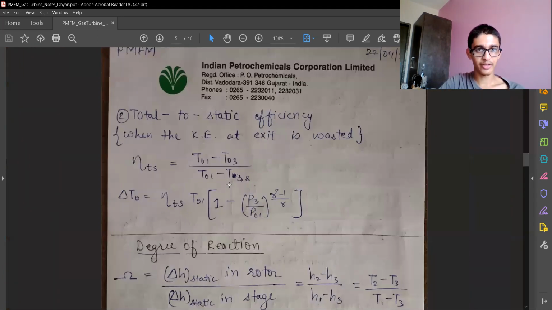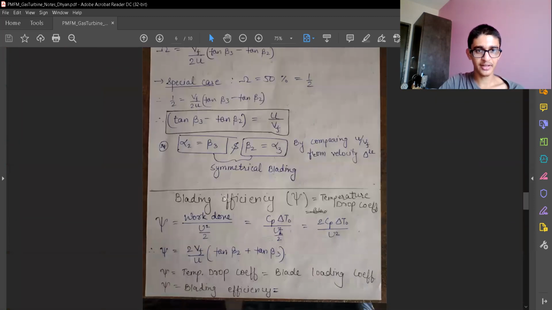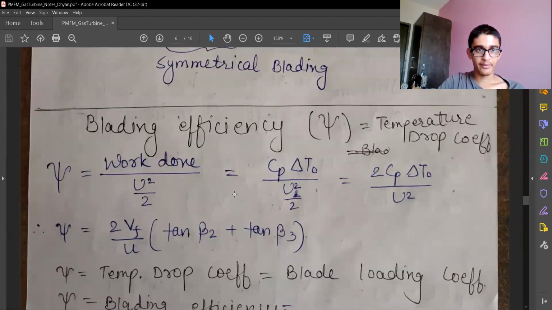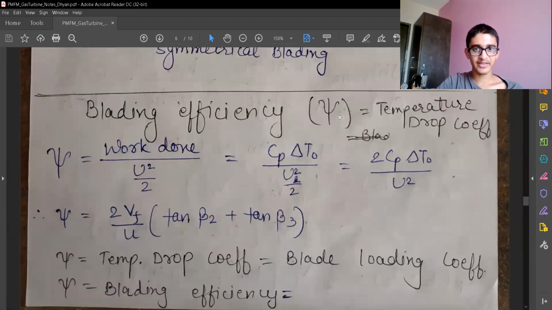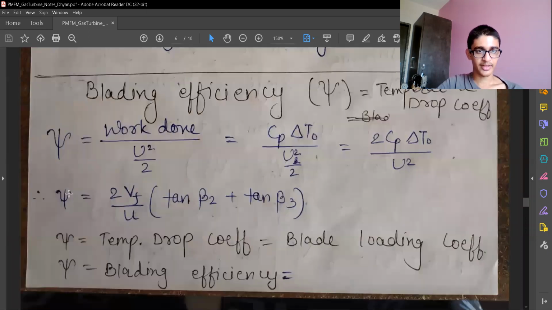Now we'll look at one more efficiency, which is blading efficiency. Blading efficiency is given by psi, that is also known as temperature drop coefficient. Psi is defined as work done by U square by 2, and work done is Cp delta T0, that is total temperature difference, divided by U square by 2, that is the inlet energy. And that's all.